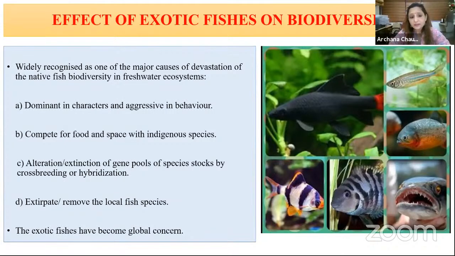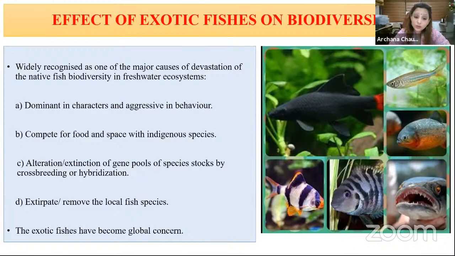The reason for this is that most of the exotic species introduced had dominating characters. They were very aggressive, and they competed for food as well as space very naturally with the indigenous species. So this actually led to the alteration or extinction of the gene pool of the species stock.